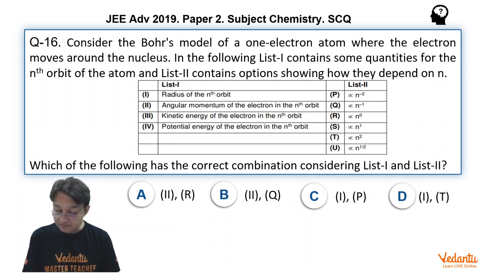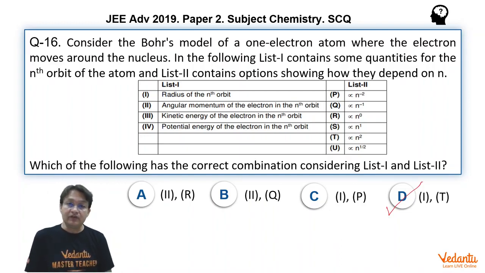Option A, first is matching with P, the radius of the nth orbit matching with P is also not possible because radius is proportional to n square. And D, 1 is matching with T, which is the perfect match. So D is the correct option.